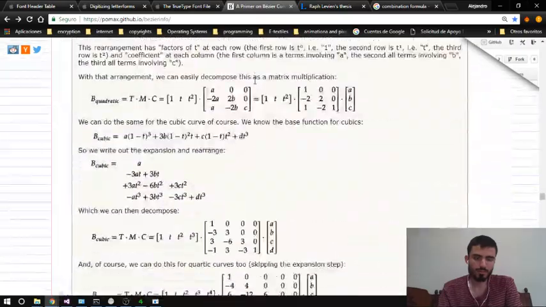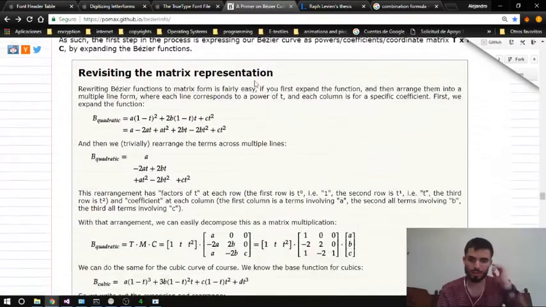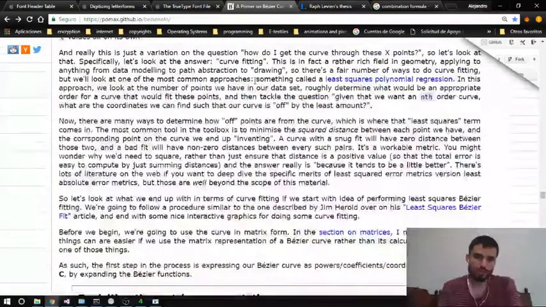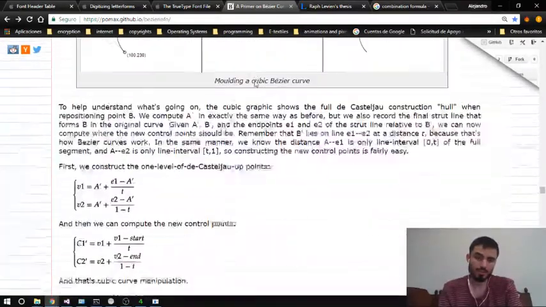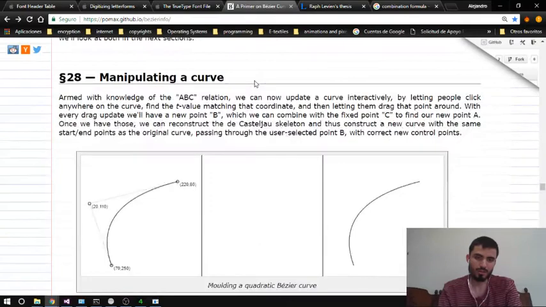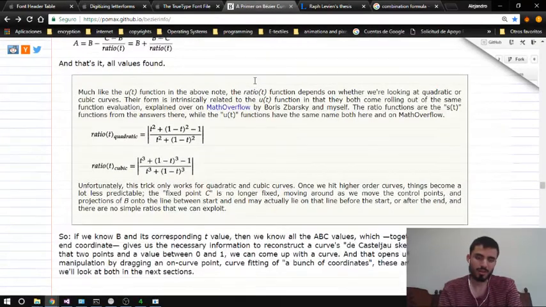Okay, so this is for fitting the curve, which I don't know if it's the same as getting two curves to represent our value.